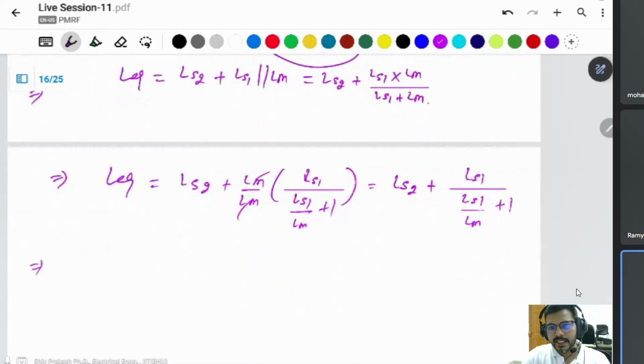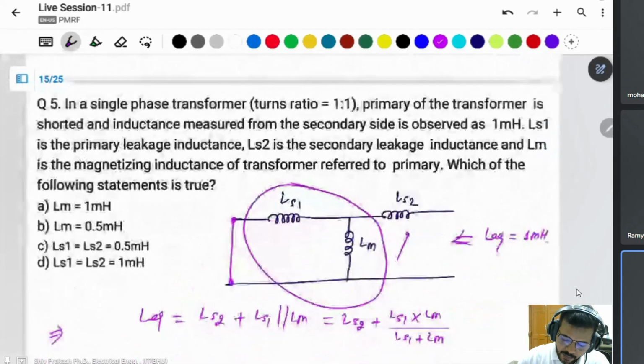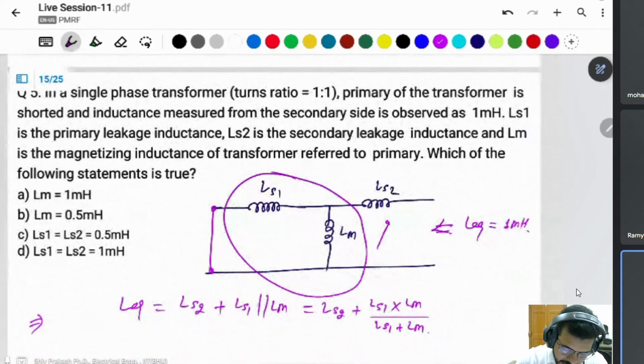You know the magnetizing inductance of a transformer is very much higher than the leakage inductance of the transformer. This is not the primary inductance, this is the leakage inductance of the transformer. It is also mentioned here, and in the equivalent circuit of a transformer, there is an inductor on the primary side and the secondary side that are the leakage inductances, not the primary winding inductance. There are two inductances.